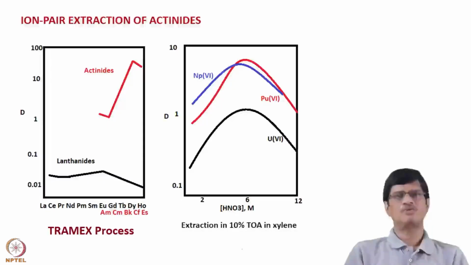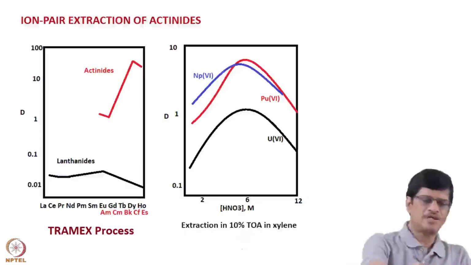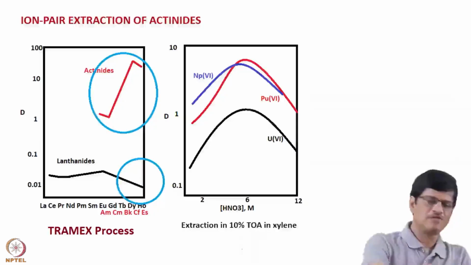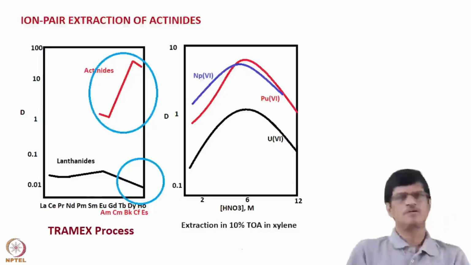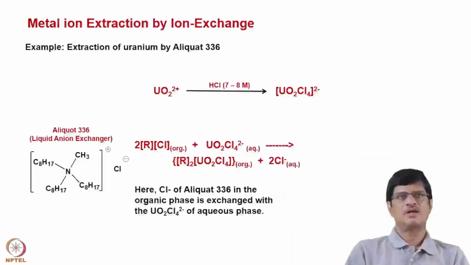HCl is added to prevent the hydrolysis of the metal ions, and the extraction of actinides is significantly larger compared to that of the lanthanides, and that is how these trivalent actinides can be separated from the trivalent lanthanides, which have relatively lower distribution ratio values. And this is used initially for the separation of trivalent actinides and lanthanides.